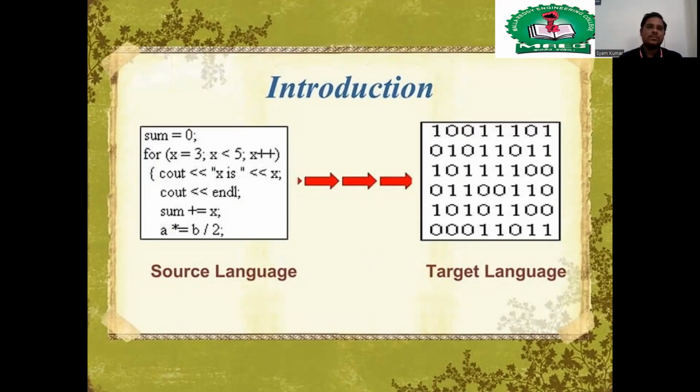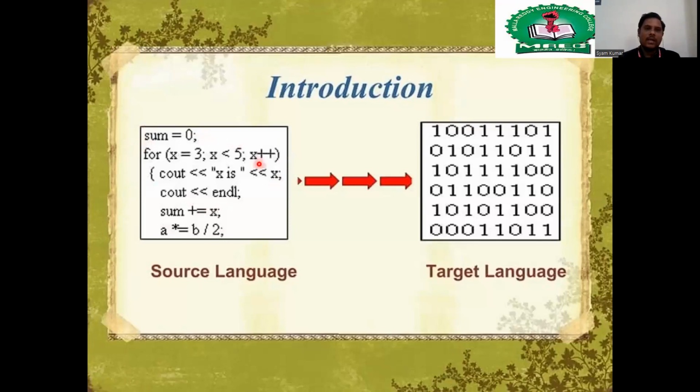Suppose a C program or C++ program is there, for example x equal to 3, x less than 5, and x plus plus. All of this is called high-level language.